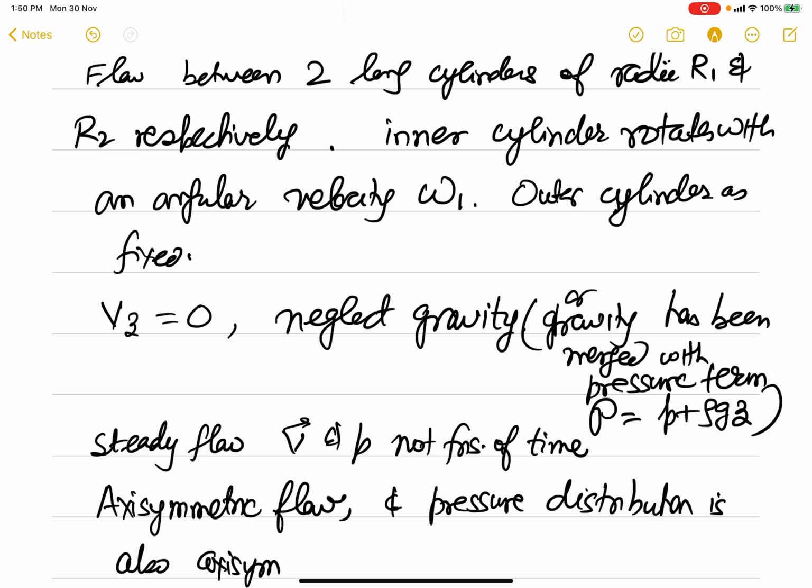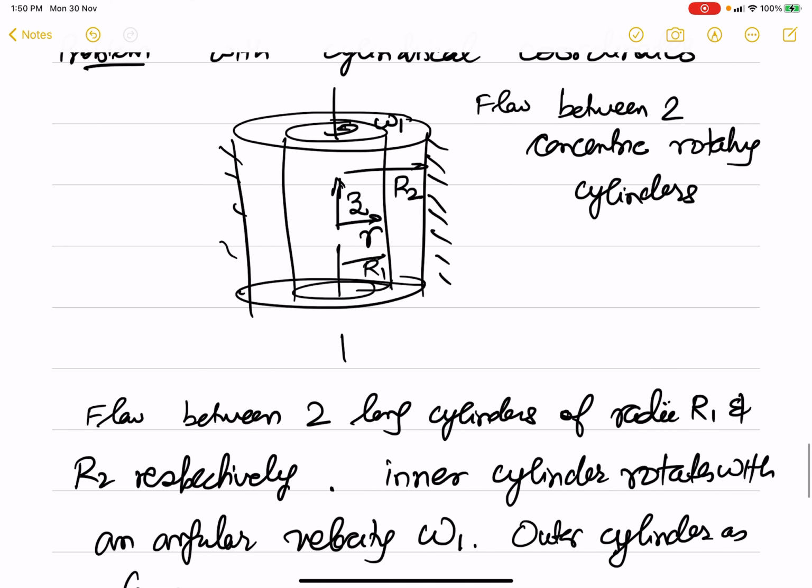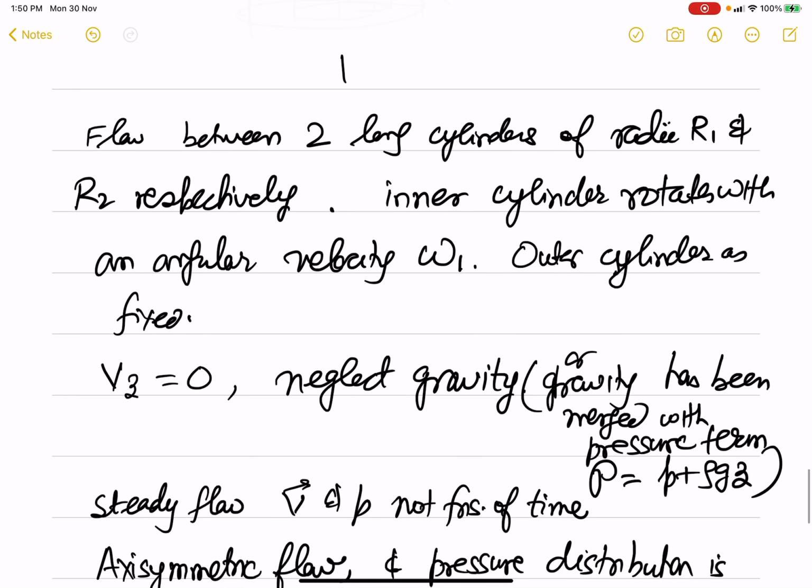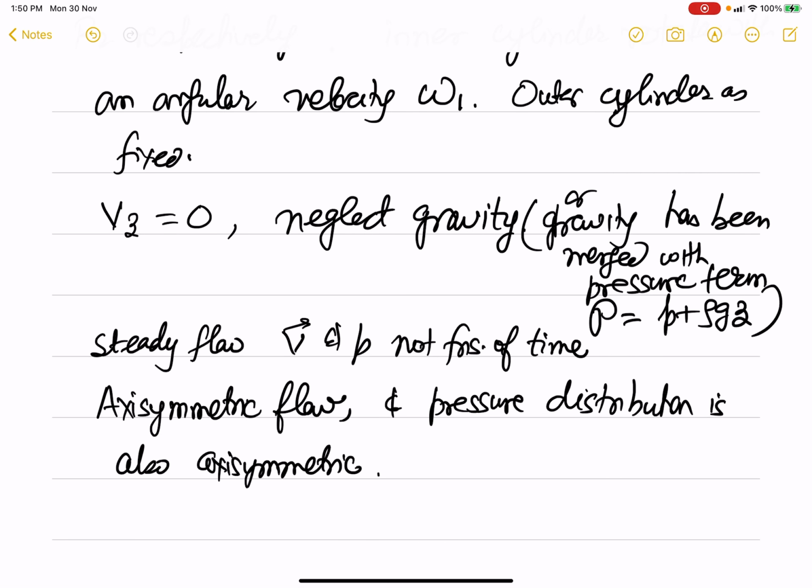is also axisymmetric. Now the logic for this is that if we have neglected gravity anyway in this problem, but if gravity is vertical, then there is no component of gravity in the theta direction, so therefore pressure will not depend on theta.